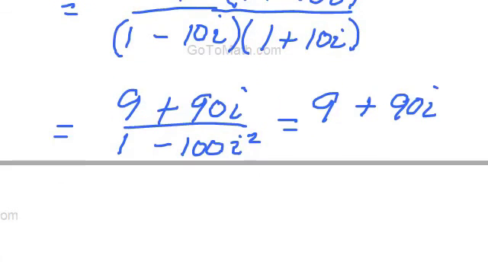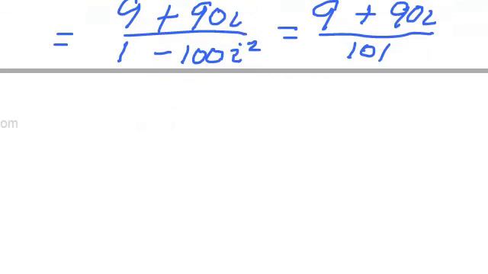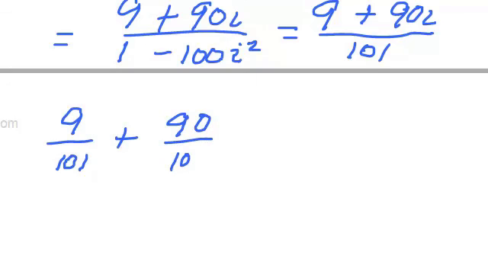Right, we want to get this thing into standard form, and this is going to be -1 times -100 here, minus 100. So that gives us a positive 100, so that's 1 plus positive 100 is 101. Right, 101. And now we have 9 over 101 plus 90 over 101i. And that cannot be broken down anymore.